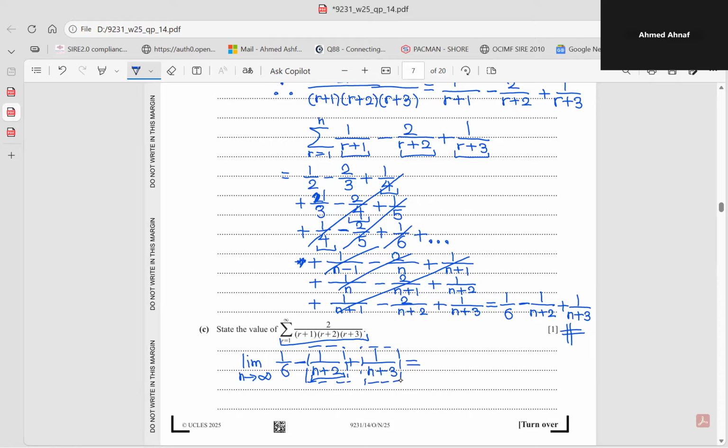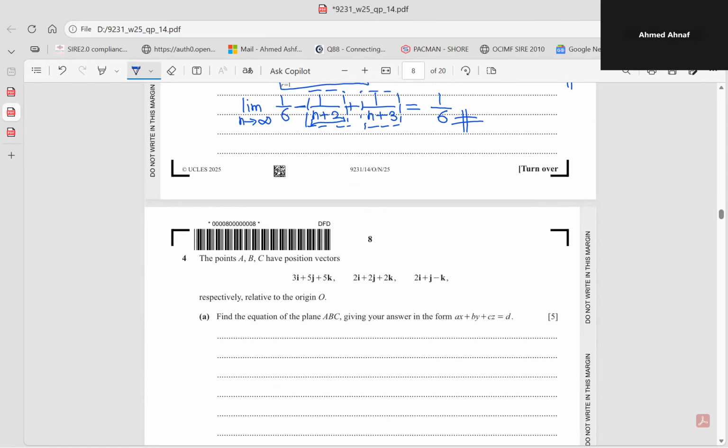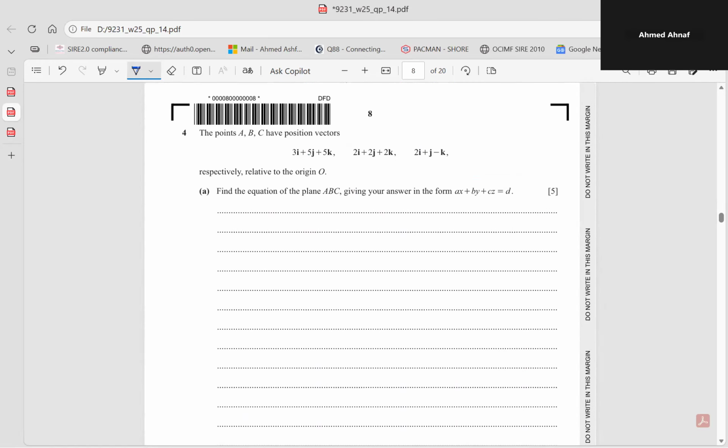So in reality, you have 1 over 6 minus 0 plus 0. So yeah, the value would just be 1 over 6. So this would be the final answer for the entire question. Let's move on to the next question.